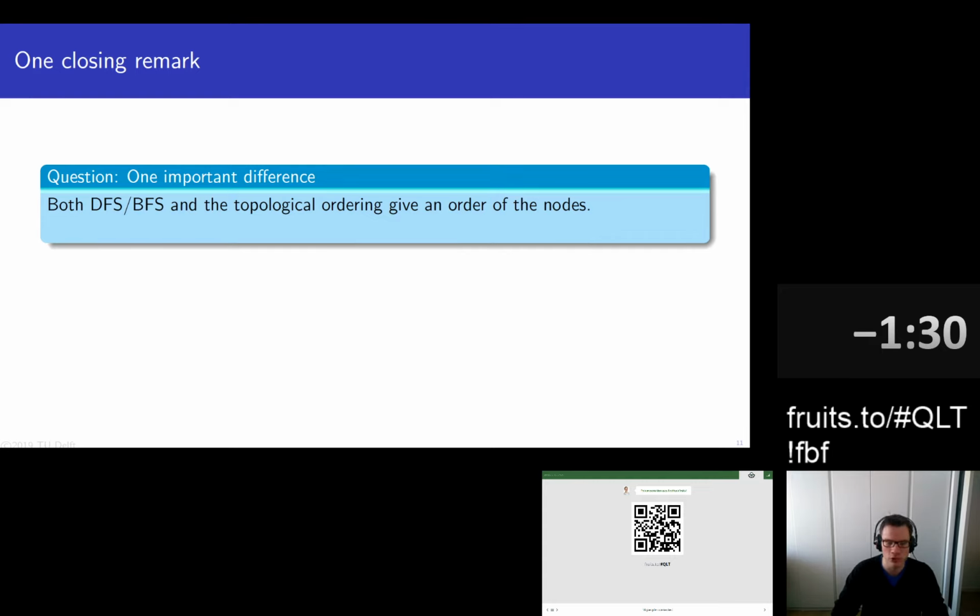And now we've seen topological ordering, which also gives us an ordering of the nodes. But is there any difference between how these two work, other than, of course, the order in which we return the nodes? So BFS, DFS give a different ordering than the topological ordering gives. There are different constraints on them. But is there another difference between these two? Or these three, rather?